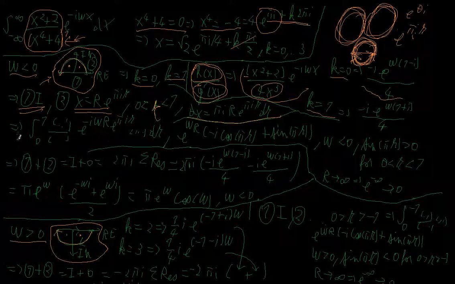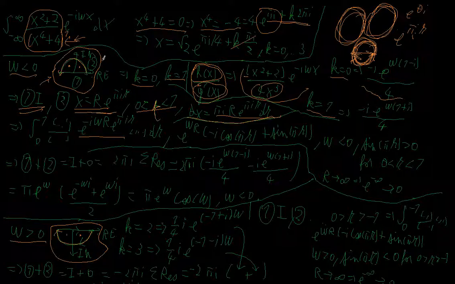Now we substitute everything with t, so we get the integral from 0 to 1, because t is between 0 and 1. Instead of x, we put the t's, so the r e to the pi i t, and so on, and dx can be replaced by pi i r e to the pi i t dt. But what's really important is that we get our exponential decay, as in the last two videos.